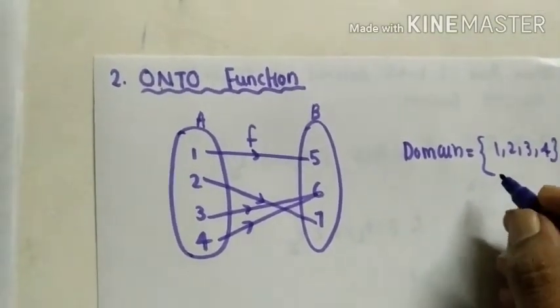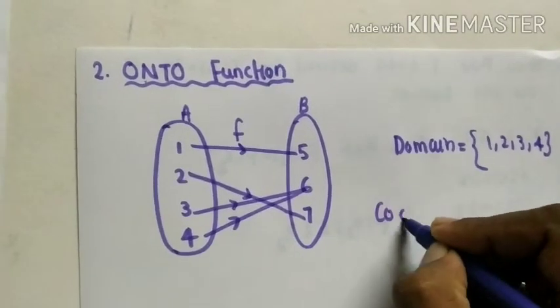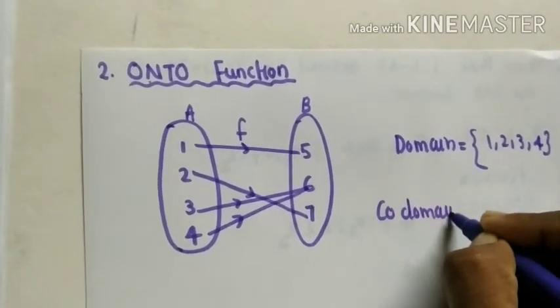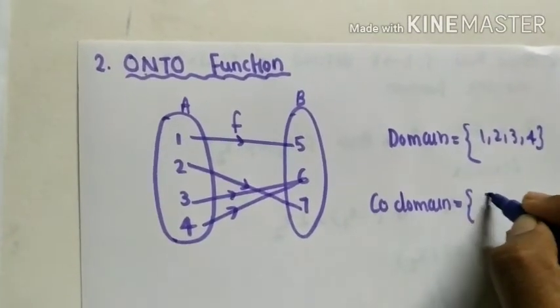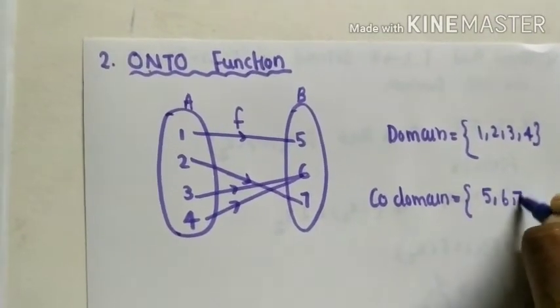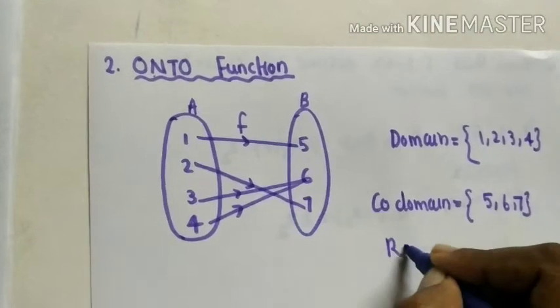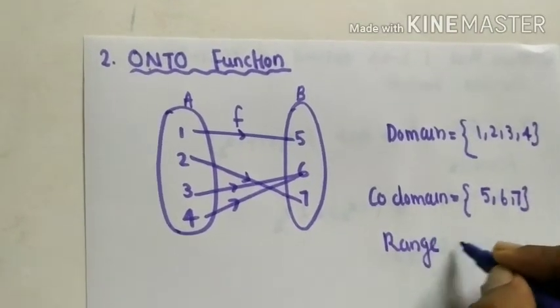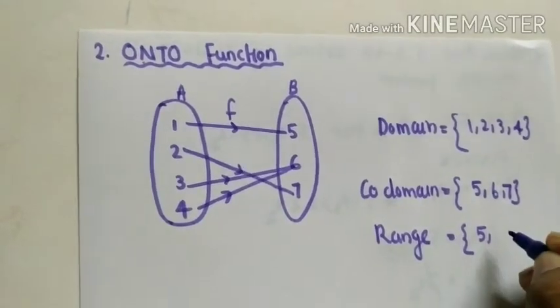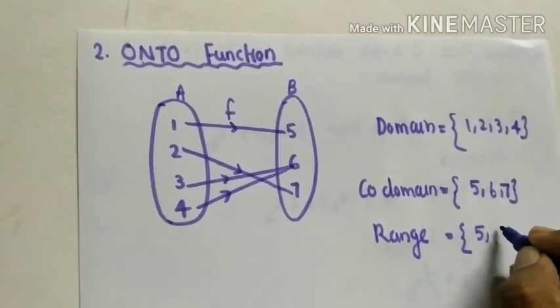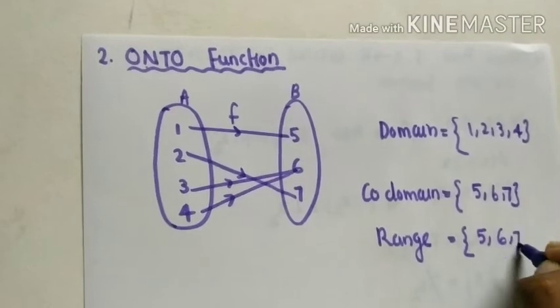And the codomain is the set B with the elements 5, 6, 7. Range is the set B of the elements 5, 6, 7.